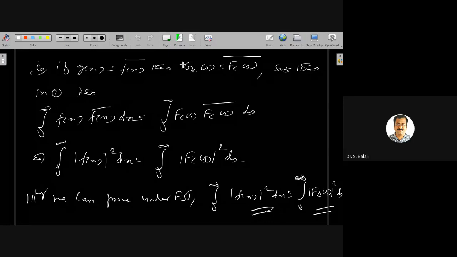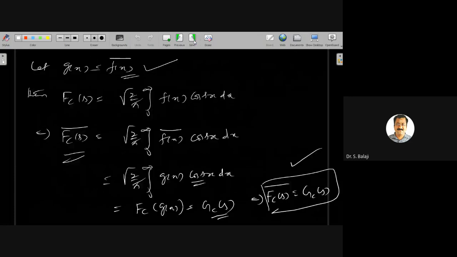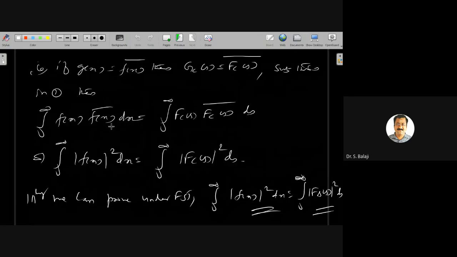This will be changed to f(x) whole bar, and this will be changed to fc(s) whole bar. F(x) times f(x) whole bar is mod f(x) square. So we get the integral of mod f(x) square dx equals the integral of mod fc(s) square ds.